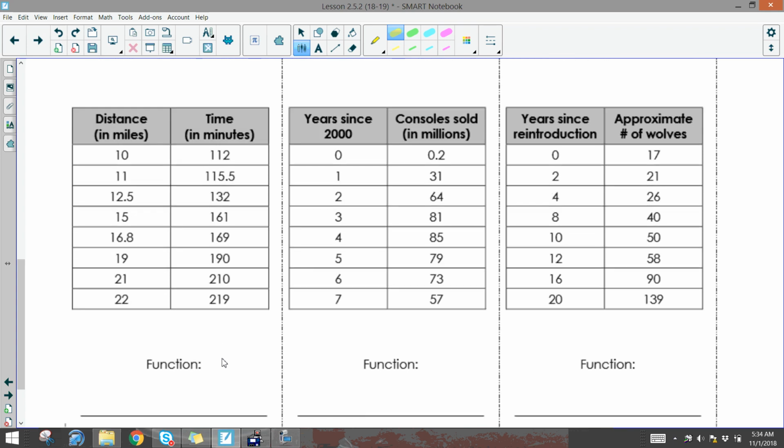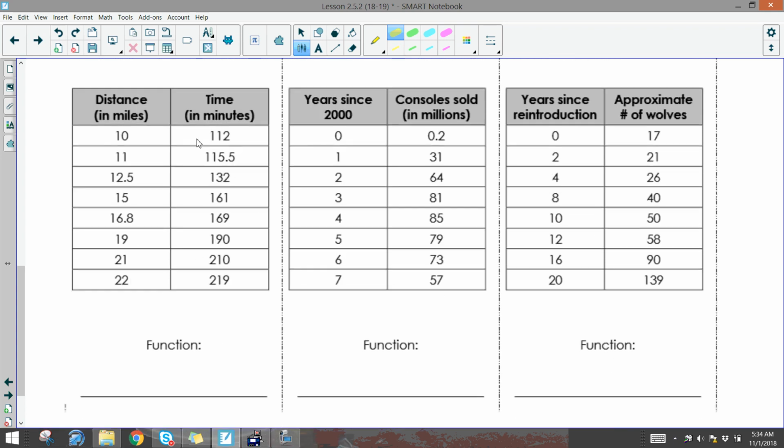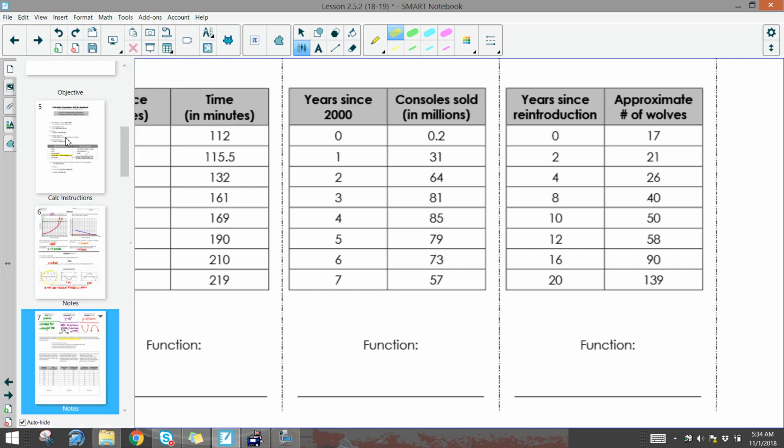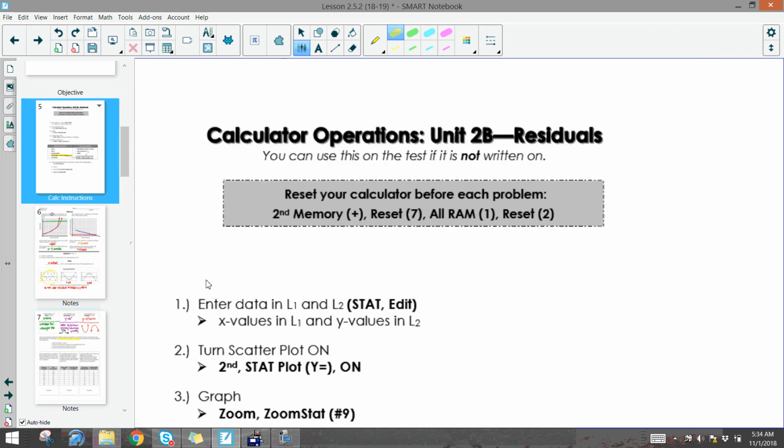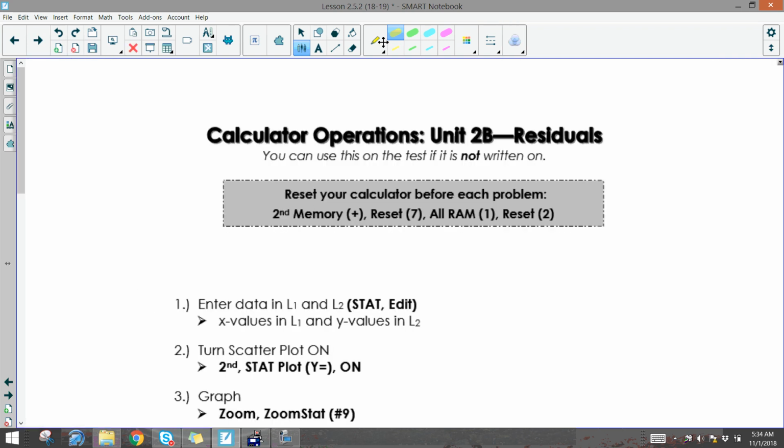So again, we're going to go through our instructions. We need to put our data in. Here it says reset your calculator before each problem. Especially with these, you're changing a lot, changing scatter plots, turning them on and off.